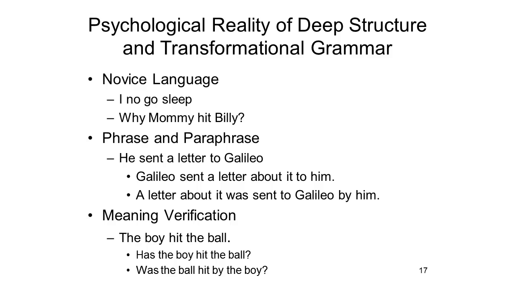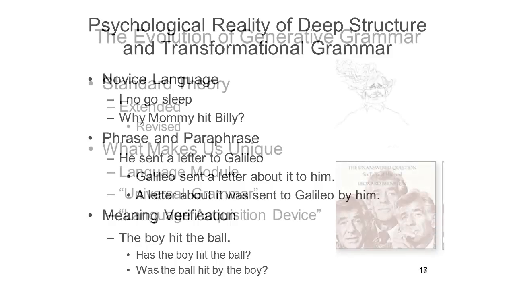But sentences that involve two transformations, such as, "Was the ball hit by the boy?" take more time. This indicates that in understanding the sentence, the language processor has to somehow strip away the surface structure to unpack the deeper kernel of meaning beneath.